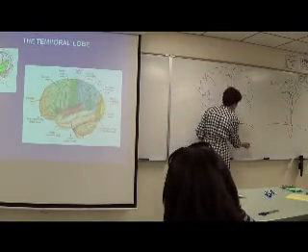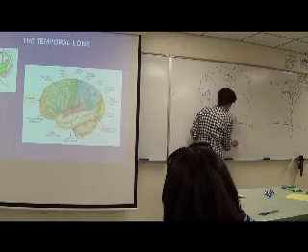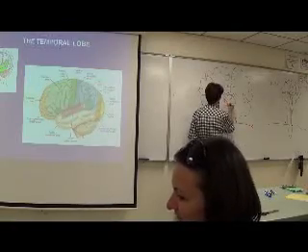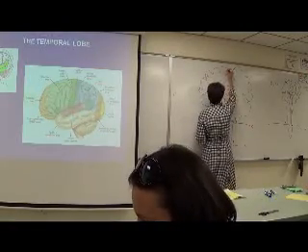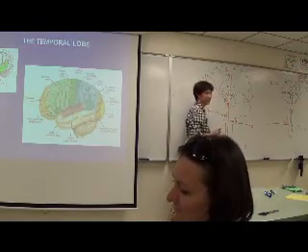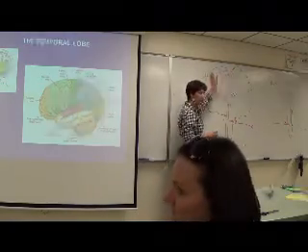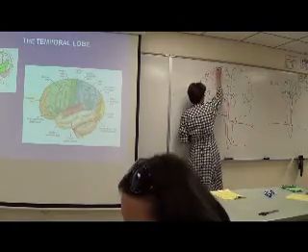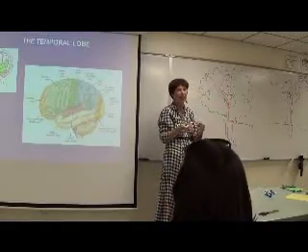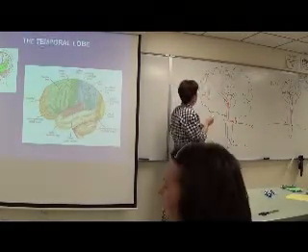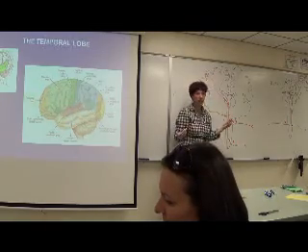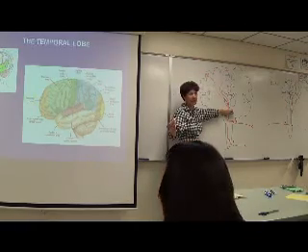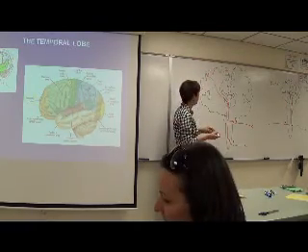If I feel something from my knee, that's going to come in and be processed in this area. So along the post-central gyrus, which is made up of the gray matter of all these cells that are processing and actually creating the sensation of pain or touch or temperature, because if it doesn't go to this neuron, I'm not going to feel touch. Okay? So if I cut it here, I'm not going to have any sensation of touch. It has to reach that to be processed.